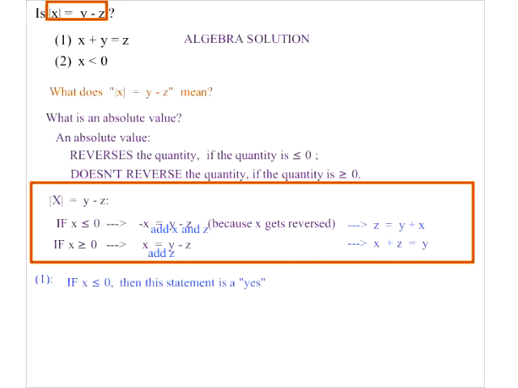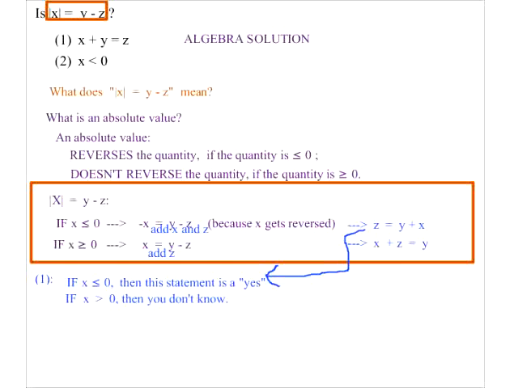Because if you look here, there's your proof. On the other hand, if x is not less than or equal to 0, if it's greater than or equal to 0, then you don't know, because this is a different equation. So that's why this is insufficient.